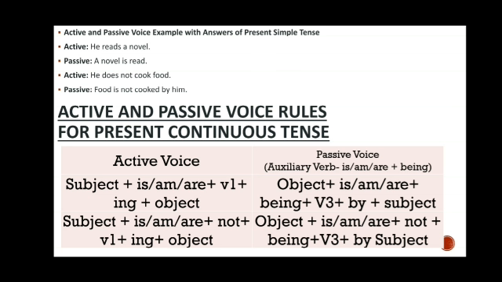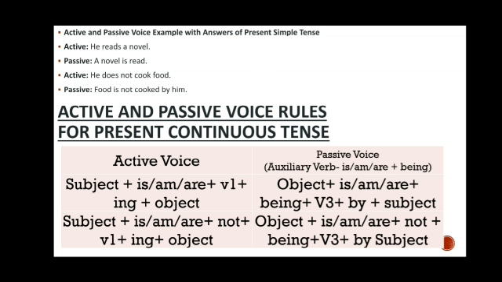When we change it, what will we do? See the rule. Object is coming, then is, am, are is coming, then being, b-e-i-n-g. After that verb third is coming, then by, and then subject is coming. Okay, and while we are adding not, then subject, is, am, are plus not plus verb first form ing, then object is coming.